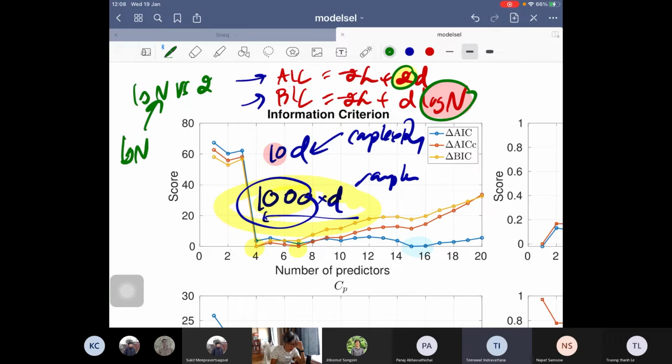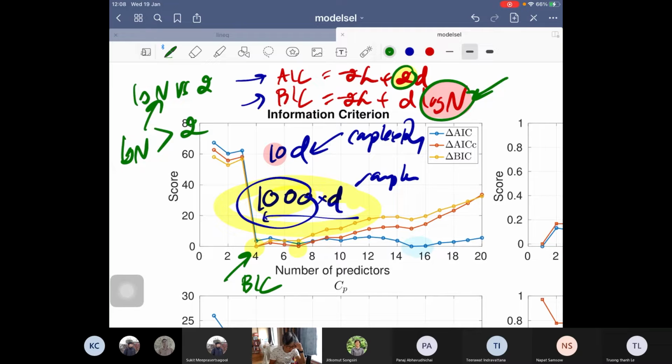So in practice, it's not hard to see that log n would generally be bigger than 2. It means that BIC penalizes more on the model complexity. And that gives us the supporting result, because this is how BIC shows the model.